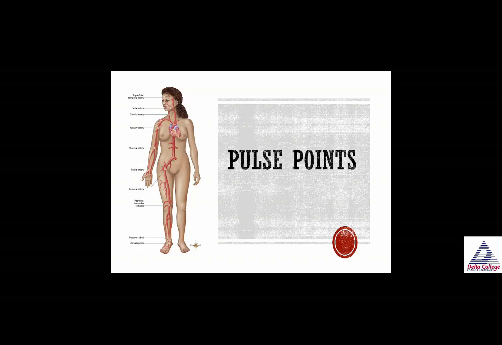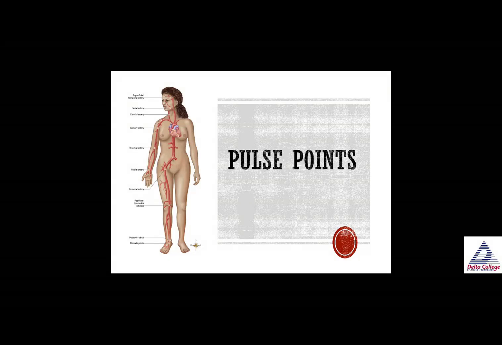Then behind the knee is called popliteal. And then going down behind the ankle is posterior tibial. And then on top of the foot is the dorsalis pedis. And these are the most common pulse points that we use in nursing and that you will need to know in future nursing classes.